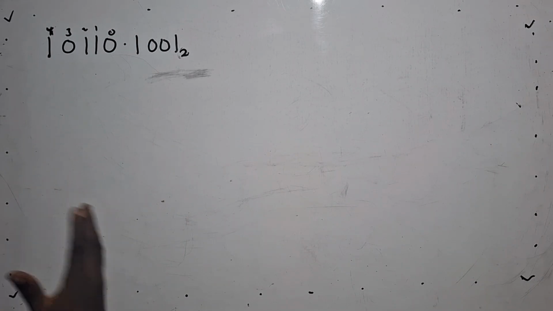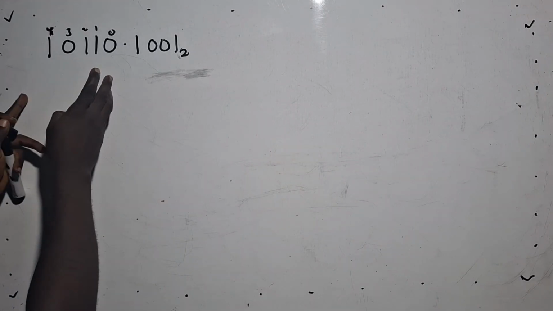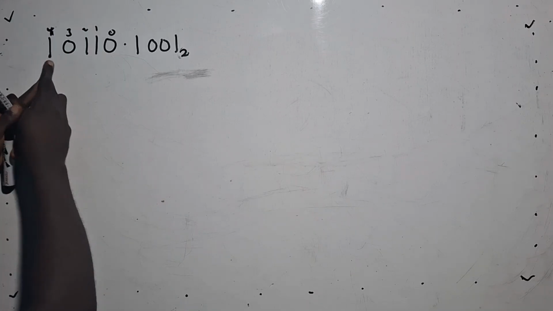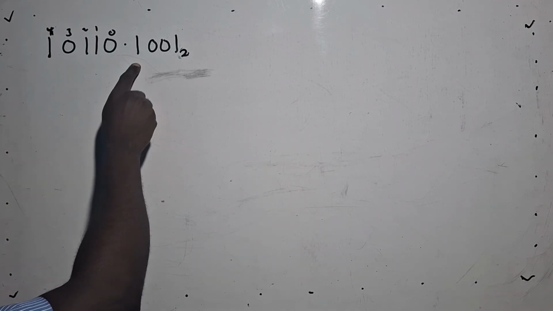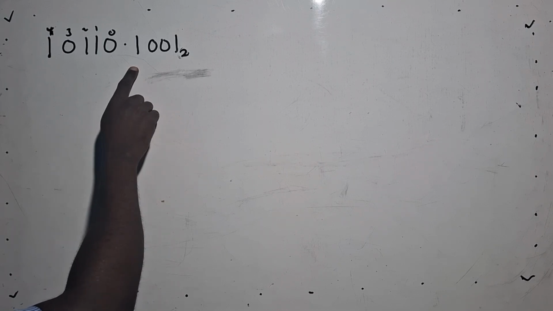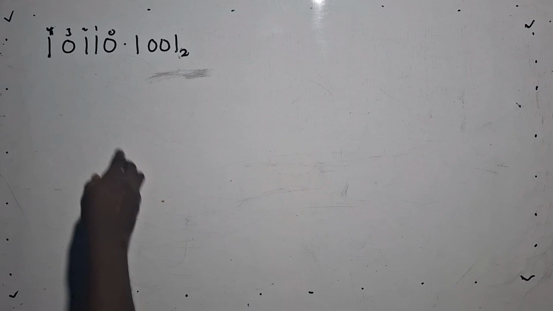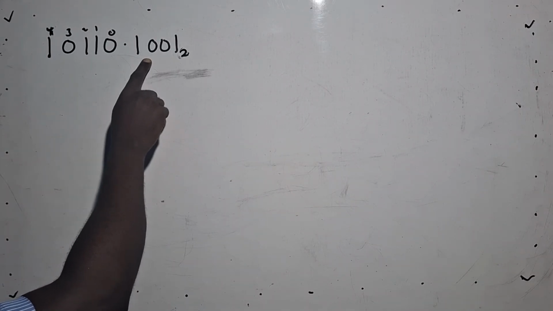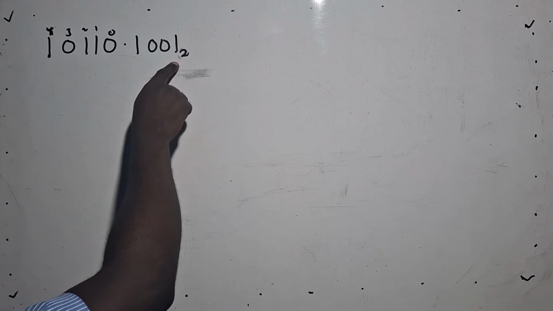Now, another way you can also understand this: the place value starts from here, but when you are solving, we start from here with the power. And this one too, the place value starts from here. So when you are checking how many numbers are at the back, you have to be very careful to know that this is 10th, 100, 1,000, and 10,000.